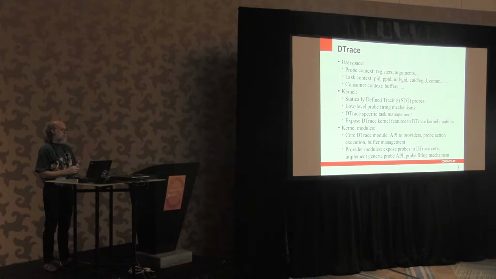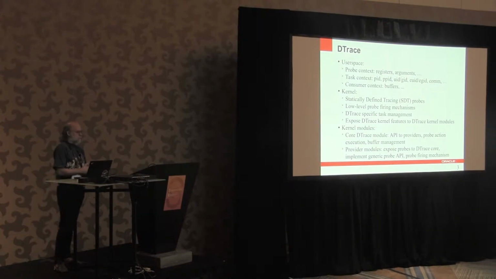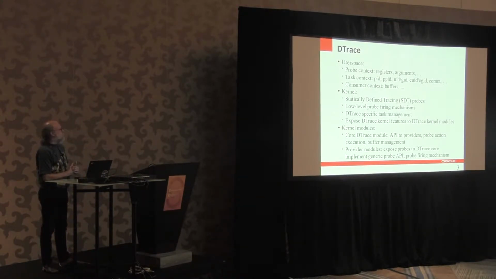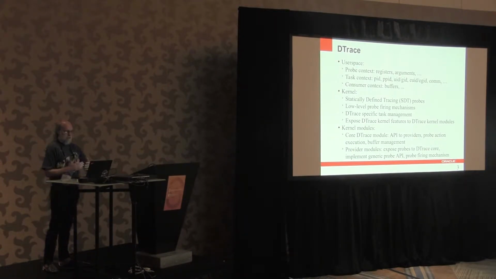Pretty much anything that's in the task struct or is referenced from it, we should be able to have access to. And then there's also the consumer context, which is the actual buffering. There's aggregations, there is speculative tracing that has its own buffer. So that is all concepts within user space. And then, as I mentioned, everything else is kernel and kernel modules.